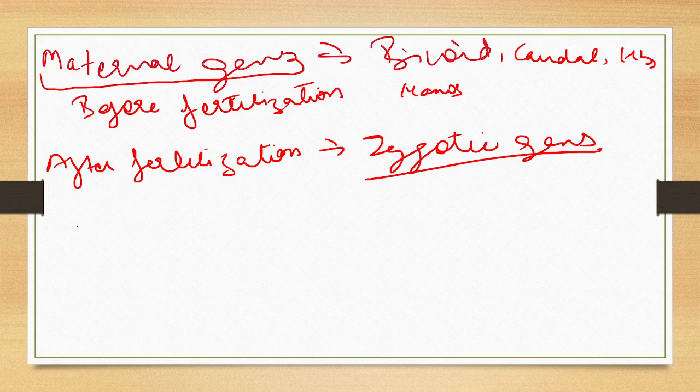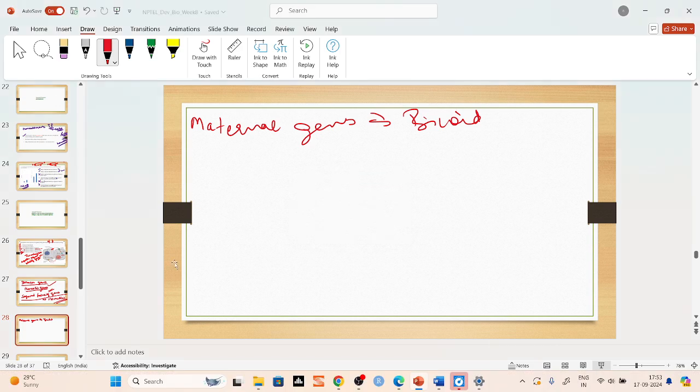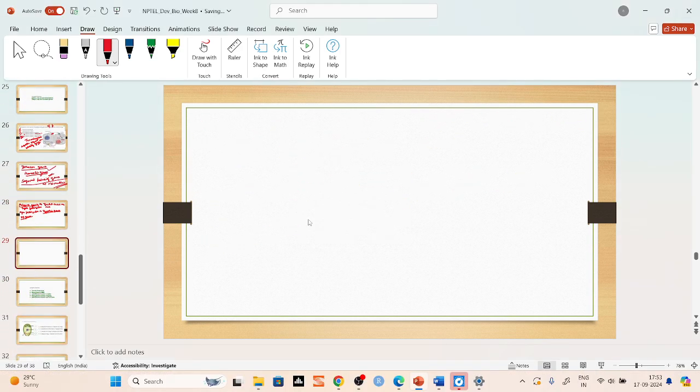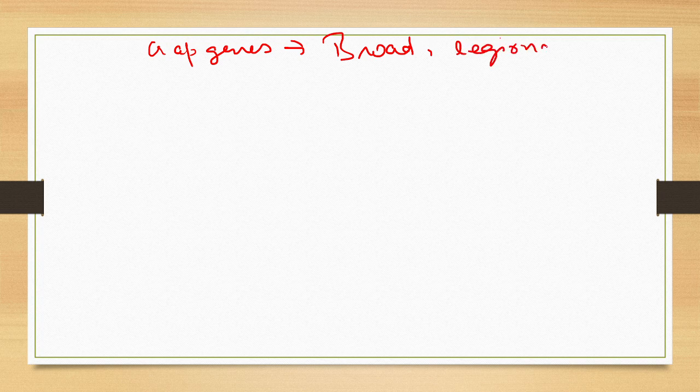So you have gap genes. What I'll do is I'll make a flow chart. Gap genes give you a broad regional definition.